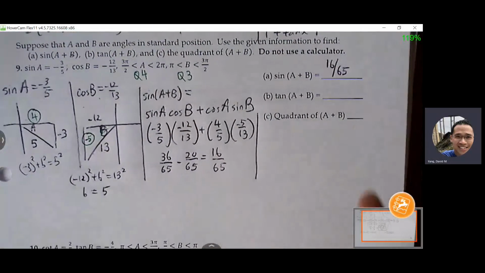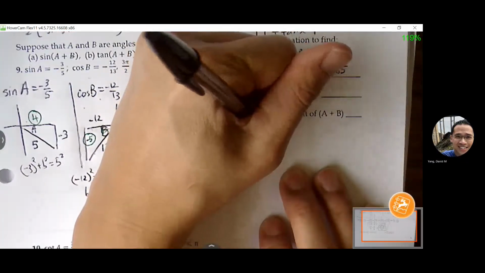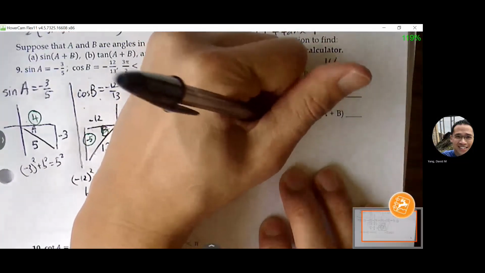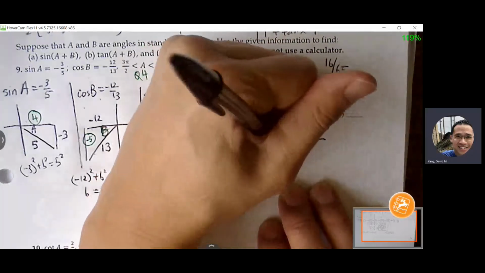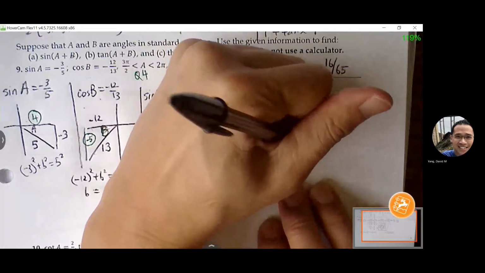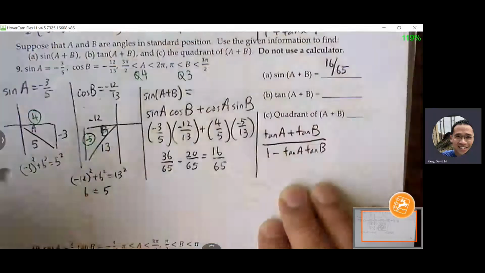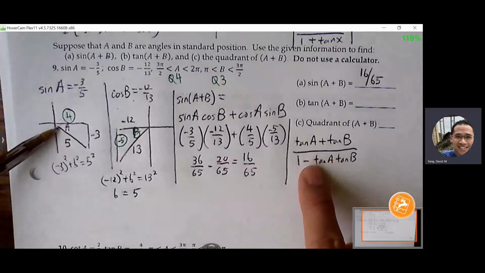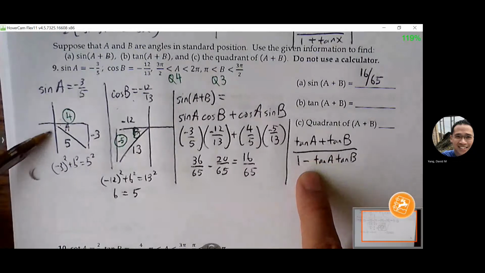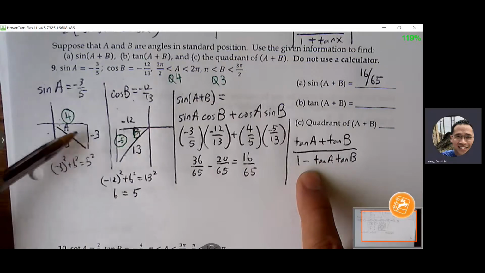Tangent of A plus B, build that out as well. What's tangent of A? -3/4, right?